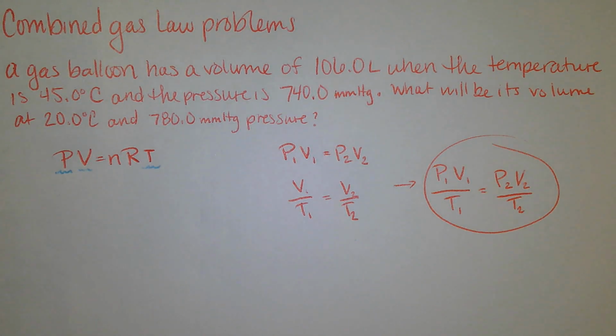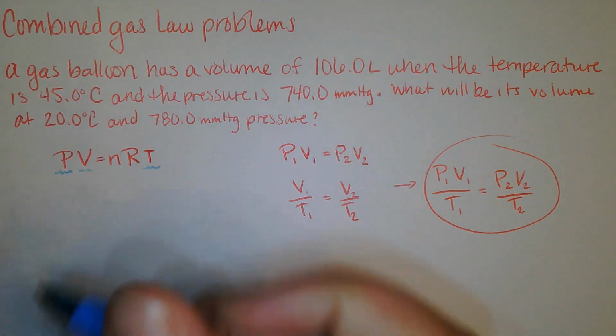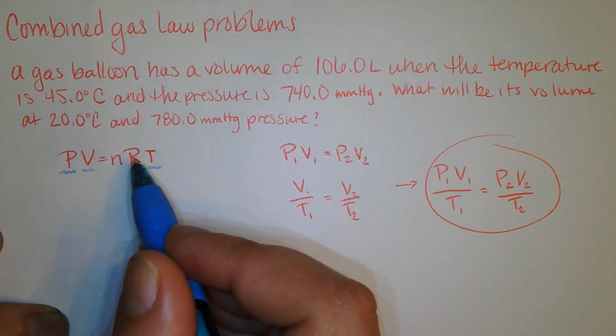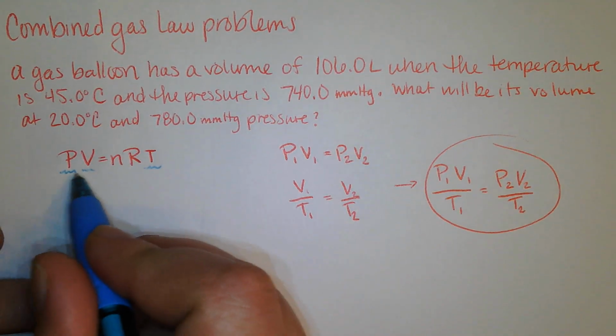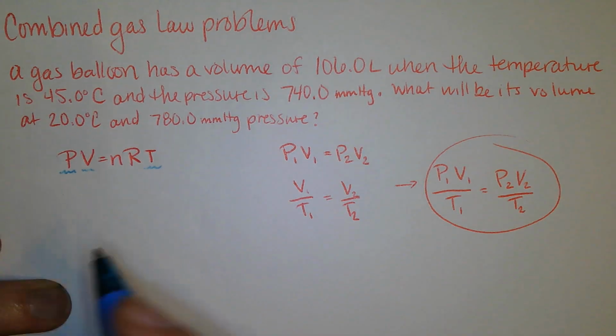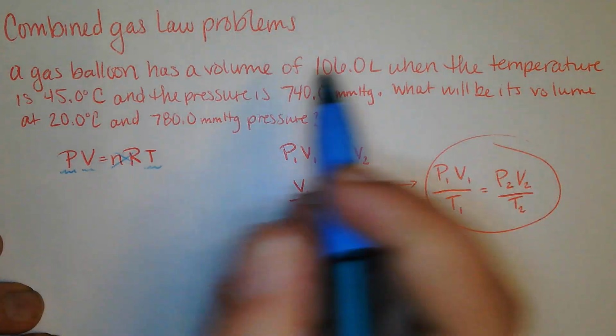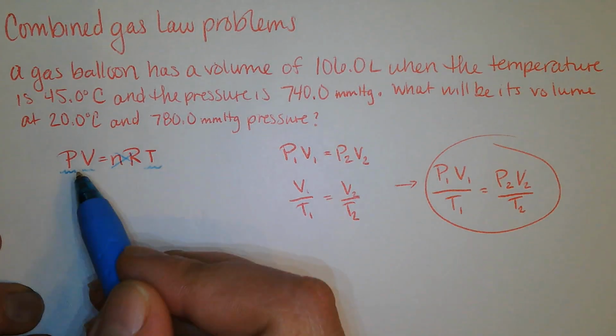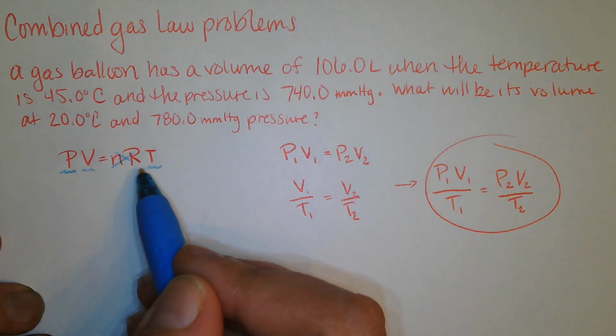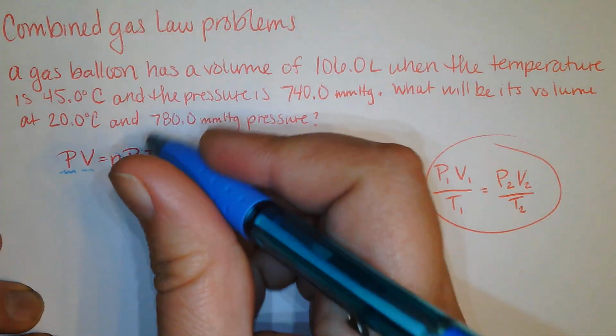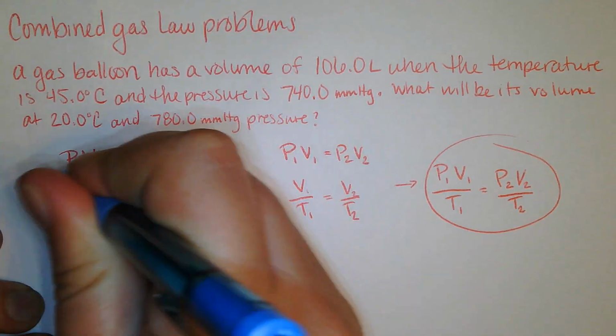How can we do that mathematically? Let's go back over here. Just like before, anything that was changing, which are the three that I have underlined, we push to one side. Anything that was not changing, which is the n and the R, we leave over there. So all we have to do is get this T over to the other side with the P and the V. And the way we move that is by dividing. So divide by T on both sides.